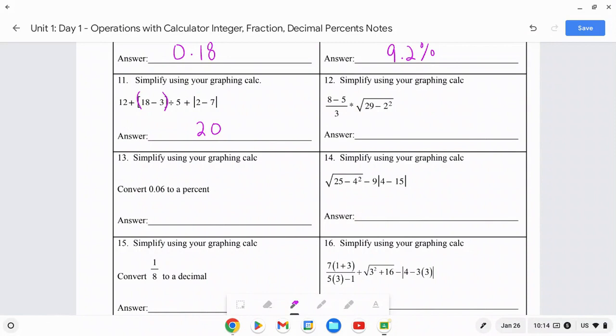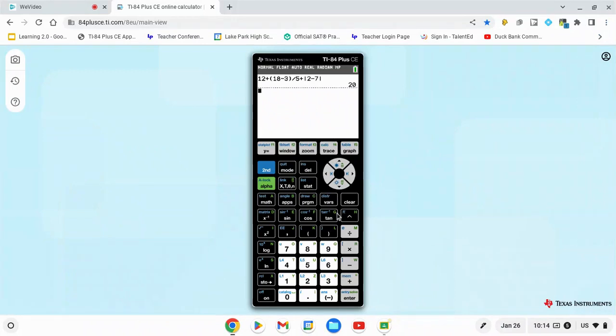Number 12 reviews how to type in fractions and square roots. So going back to the calculator, I'm going to hit clear. To type in a fraction, remember you hit alpha and then y equals, and then hit enter to type in just a regular fraction. And so in the numerator, I have 8 minus 5. In the denominator, I'm going to hit the arrow and put 3.